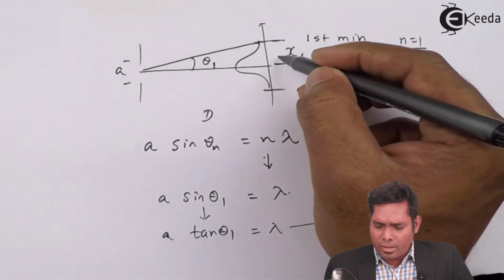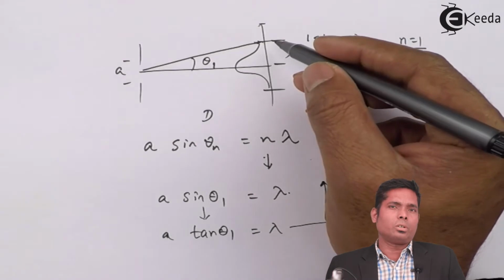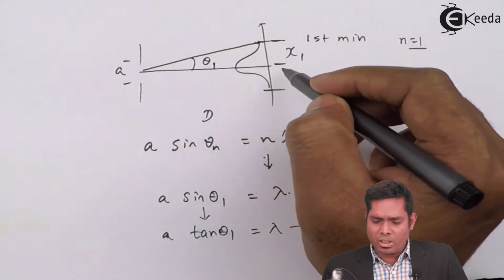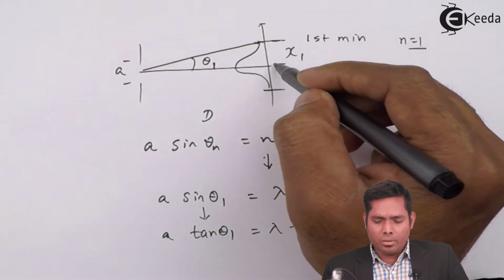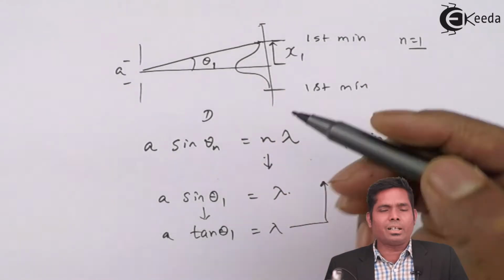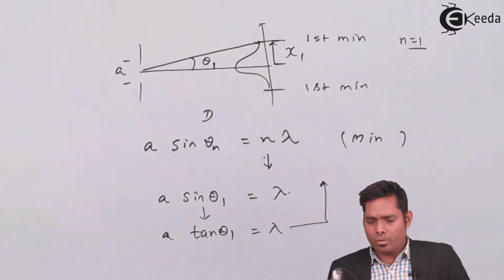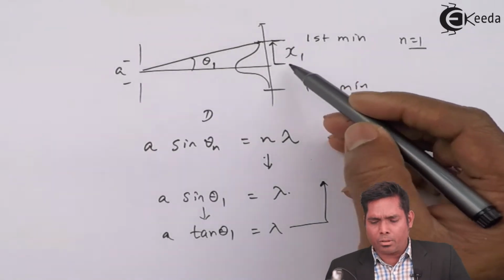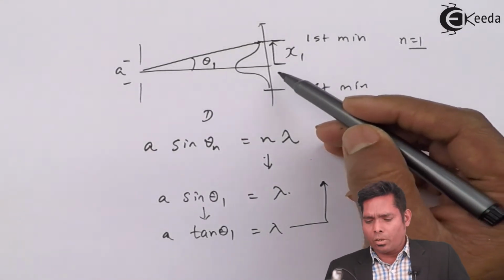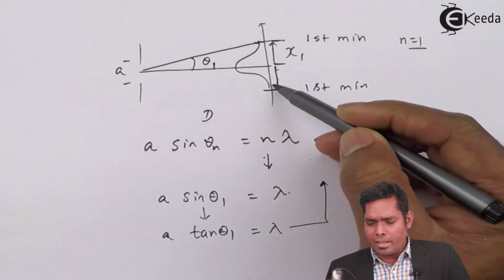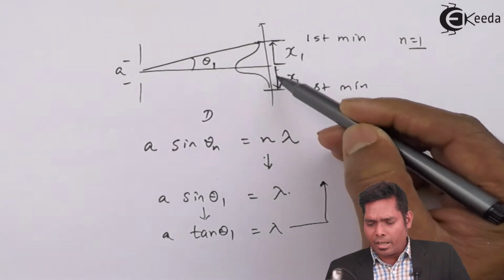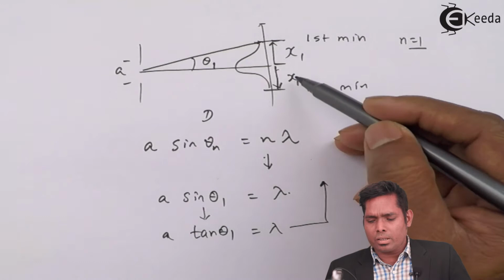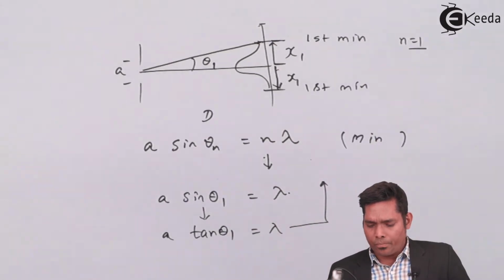This x1 is the position of the first minima from the center of the central maxima, and we are interested in finding x1. The width is x1 on this side and x1 on this side, so the total width is 2x1. That is the answer to the question.